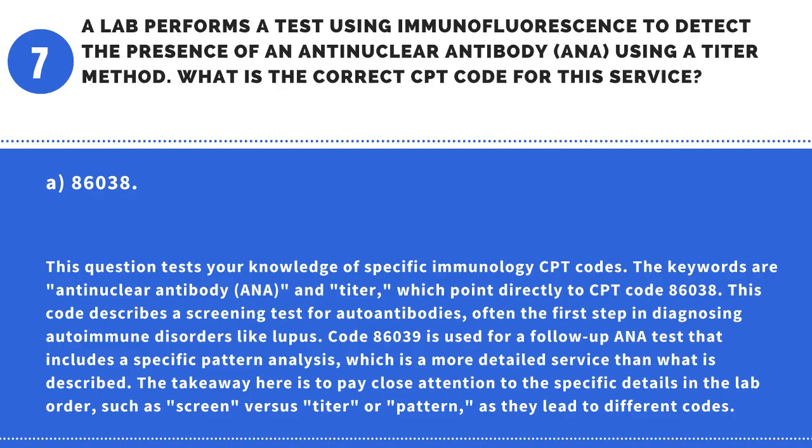Code 86039 is used for a follow-up ANA test that includes a specific pattern analysis, which is a more detailed service than what is described. The takeaway here is to pay close attention to the specific details in the lab order, such as screen versus titer or pattern, as they lead to different codes.